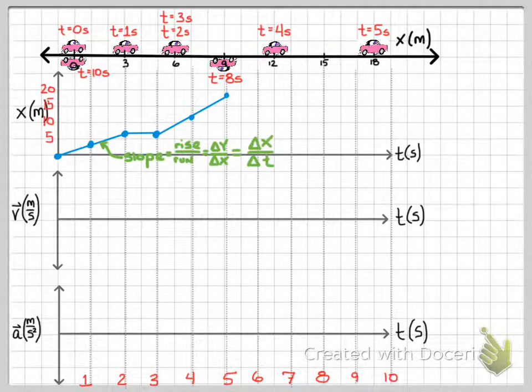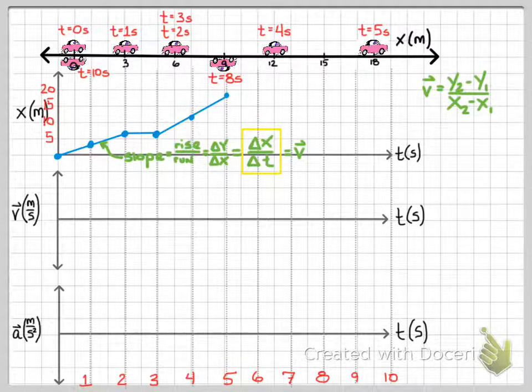But in this case, the change in y, although it's a little bit confusing, is the change in x position. And the change in x is the change in the time interval. So we have delta x over delta t. This is important because the change in position, in this case horizontal position, over the change in time in physics is defined as velocity.